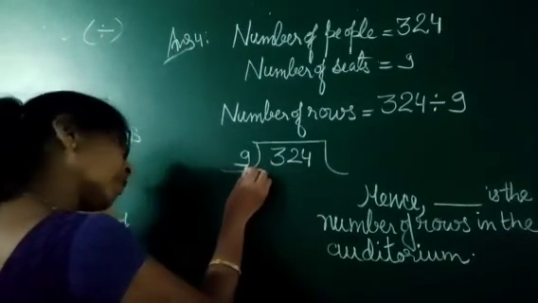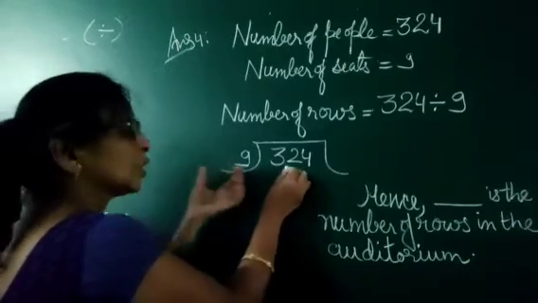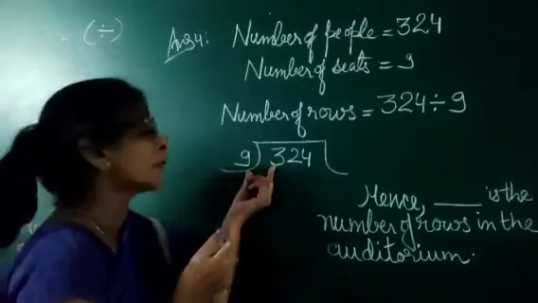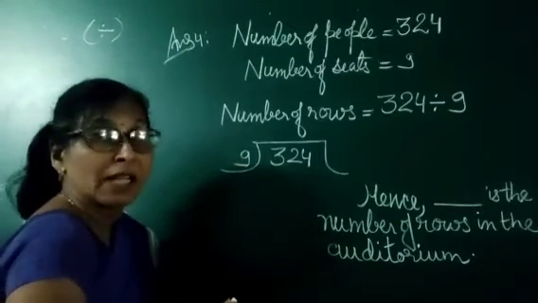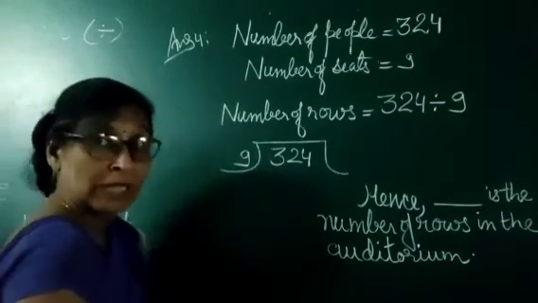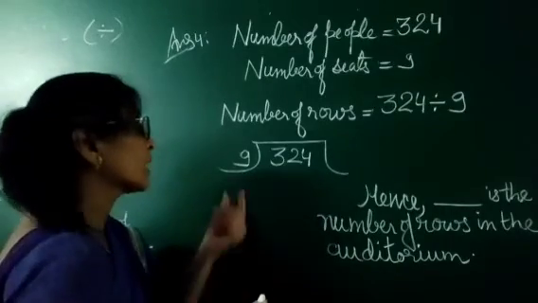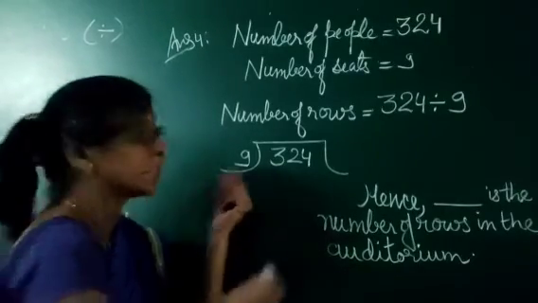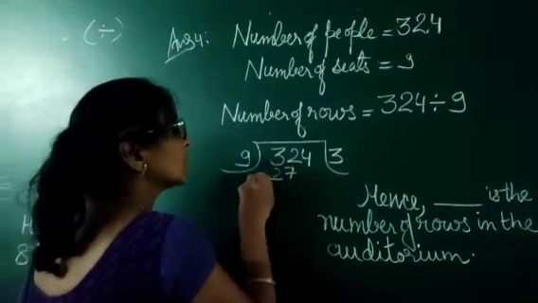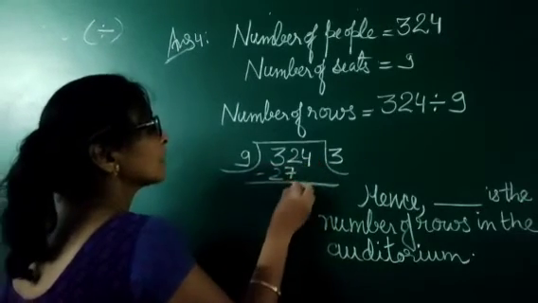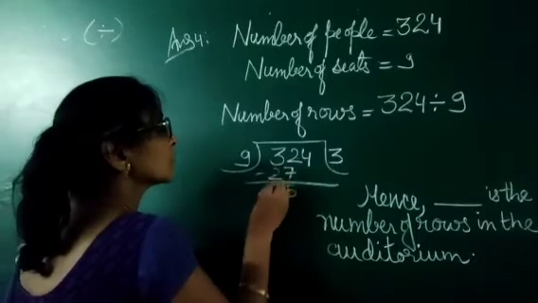Now tell the table of 9. 32 does not come in the table of 9. Now we see the number nearer to this. 9 4s are 36, it is more. 9 3s are 27. So 3 times, we write here 27. Now subtract: 12 minus 7, 5. 2 minus 2, 0.